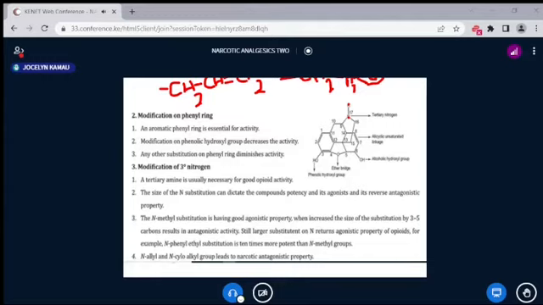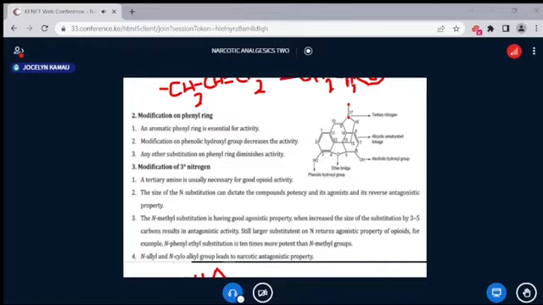Naltrexone has a cyclopropyl like that. Cyclopropyl, all of us know now. So you're talking about cyclopropyl alkyl.